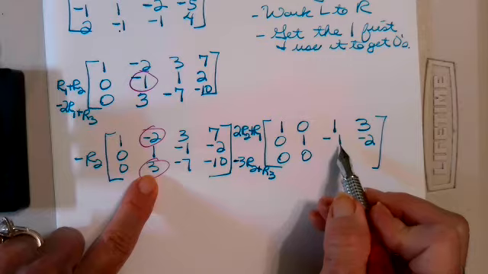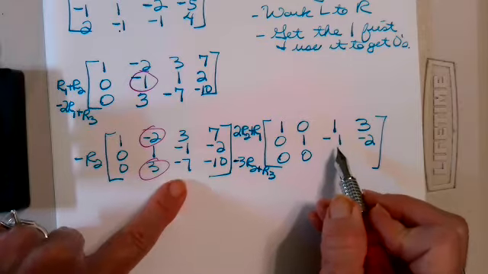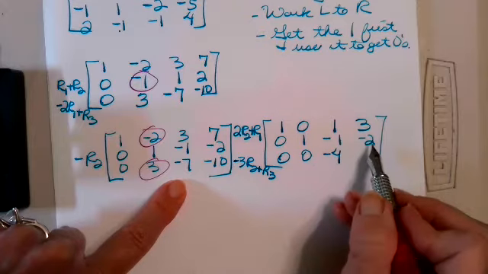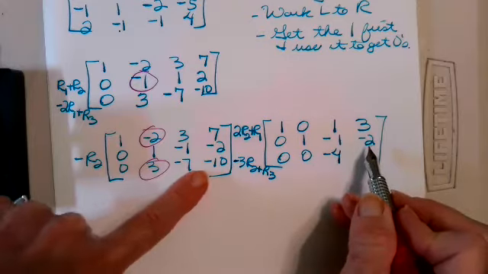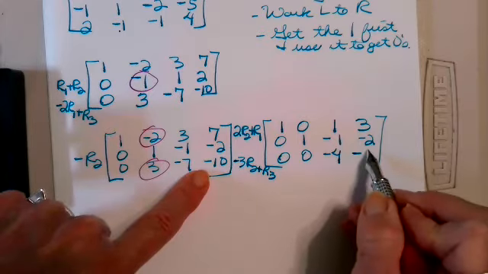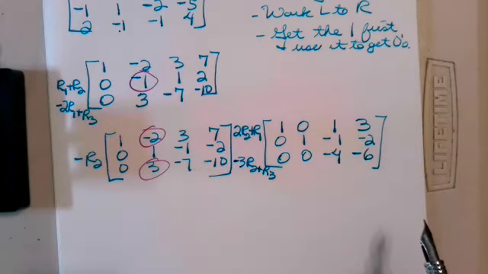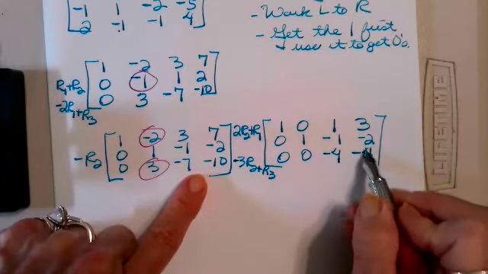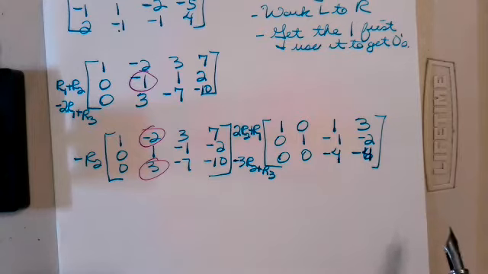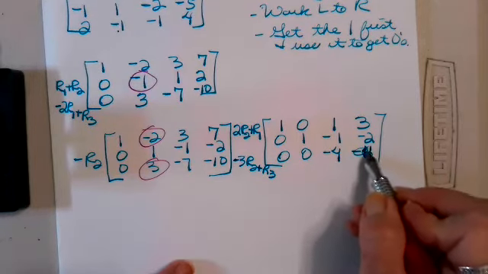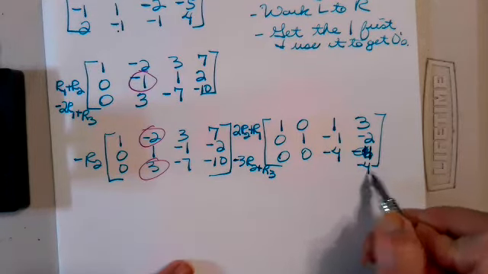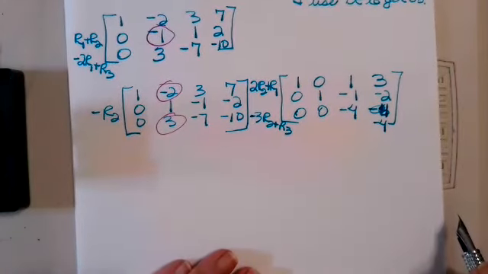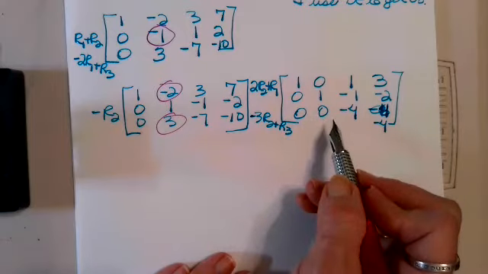Minus 3 times minus 1 is plus 3, and I add it to minus 7, that's minus 4. Minus 3 times minus 2 is plus 6, and you add it to minus 10, that's minus 4. Okay, you gotta be a good bookkeeper, and you gotta do your arithmetic right. That should be a minus 4. All right, and so now the first two columns look great.